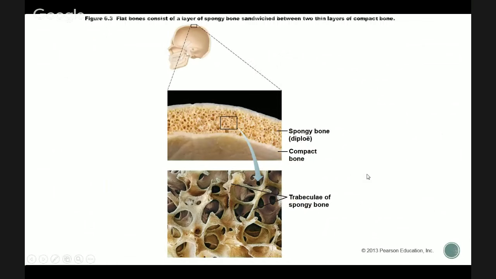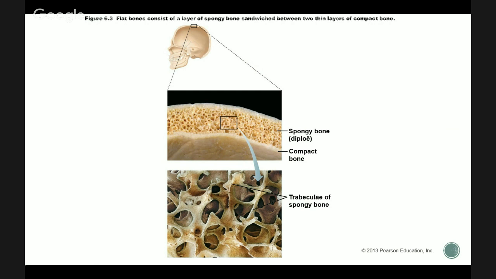Okay, what we see here on this picture is a typical flat bone. This is what I was talking about earlier when we talked about what I call the sandwich of bone, and this is how flat bones develop. We're going to talk about different types of bone growth.